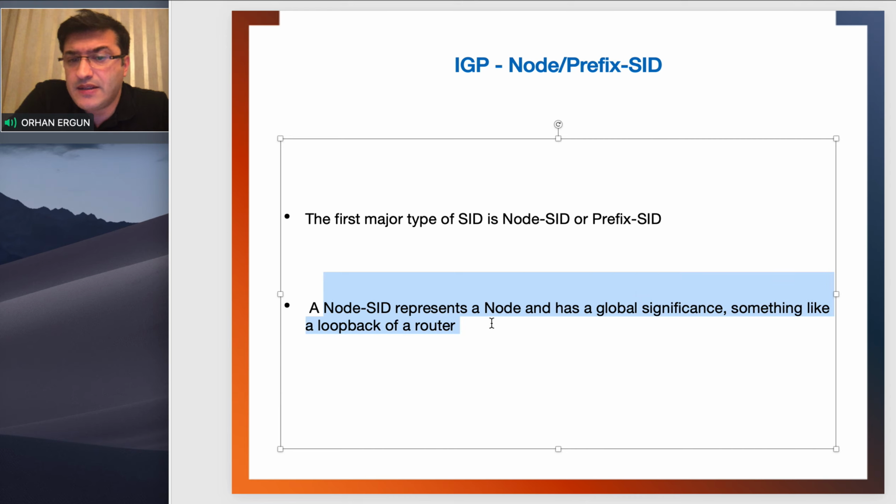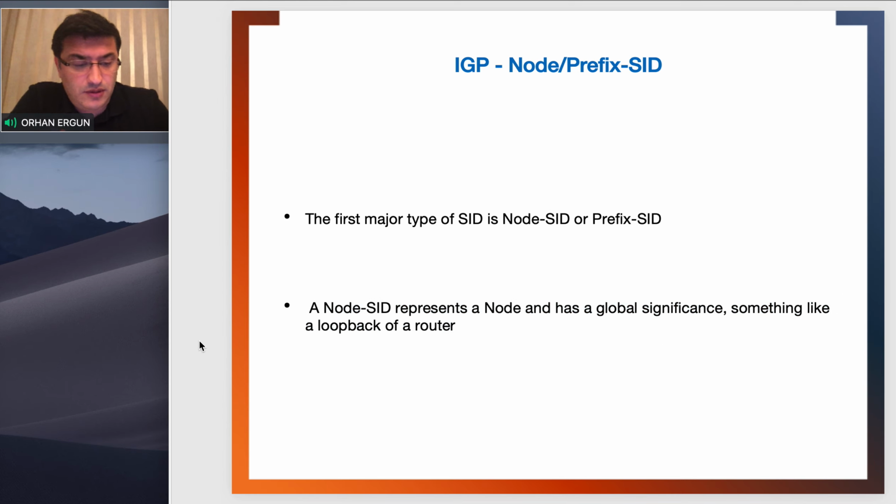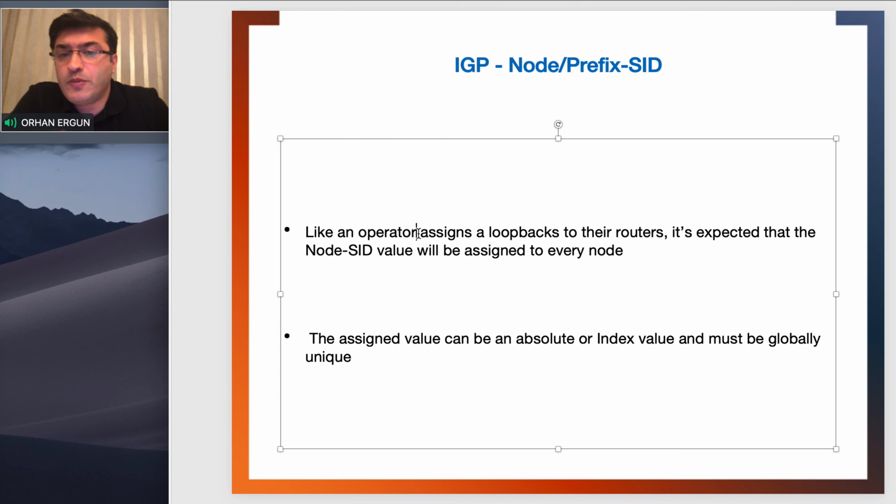The node segment represents a node and has global significance. From the SRGB we talked about, it is something like the loopback interface of a router. Like an operator assigns loopbacks to their routers, it's expected that a node segment value will be assigned to every node. We normally create a loopback interface. When we create the loopback, if you are running segment routing, we also assign the node segment value.